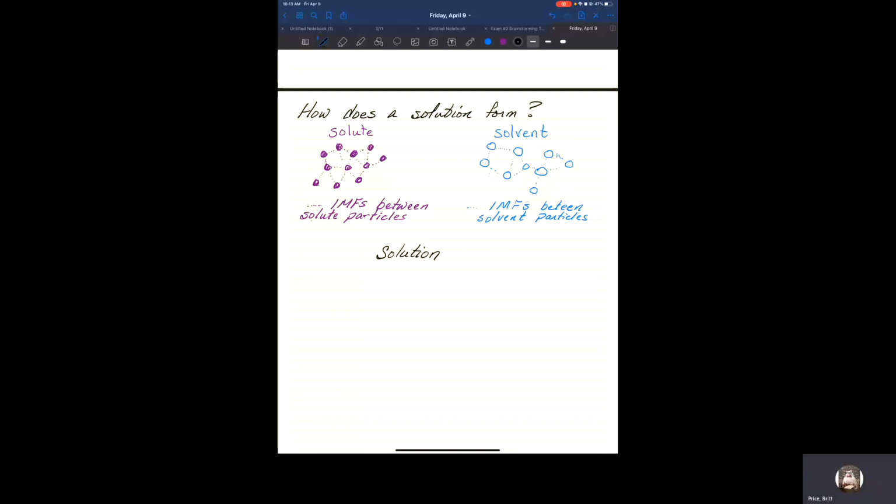In that solution, I'm going to have hopefully somewhat random looking solvent, and then I'll also have those solutes.